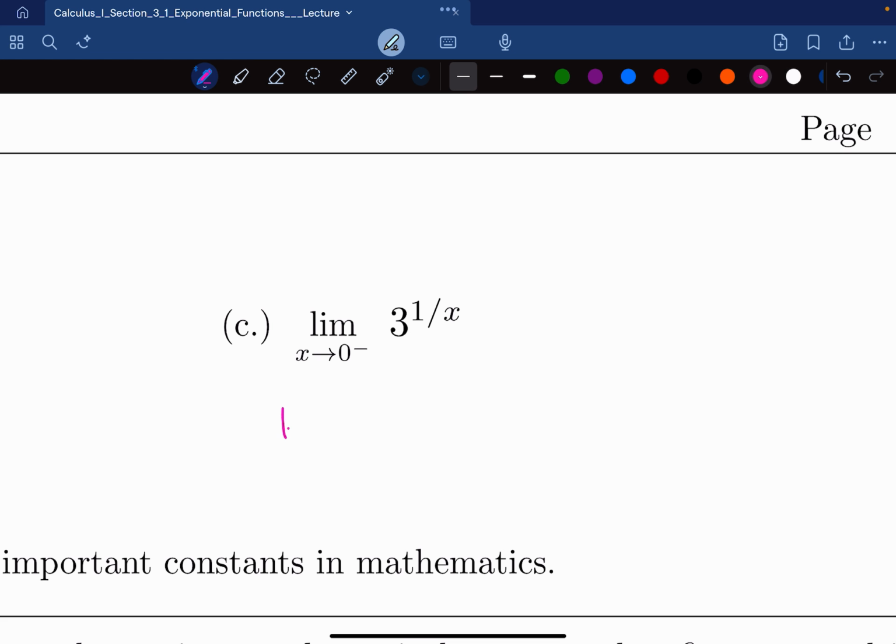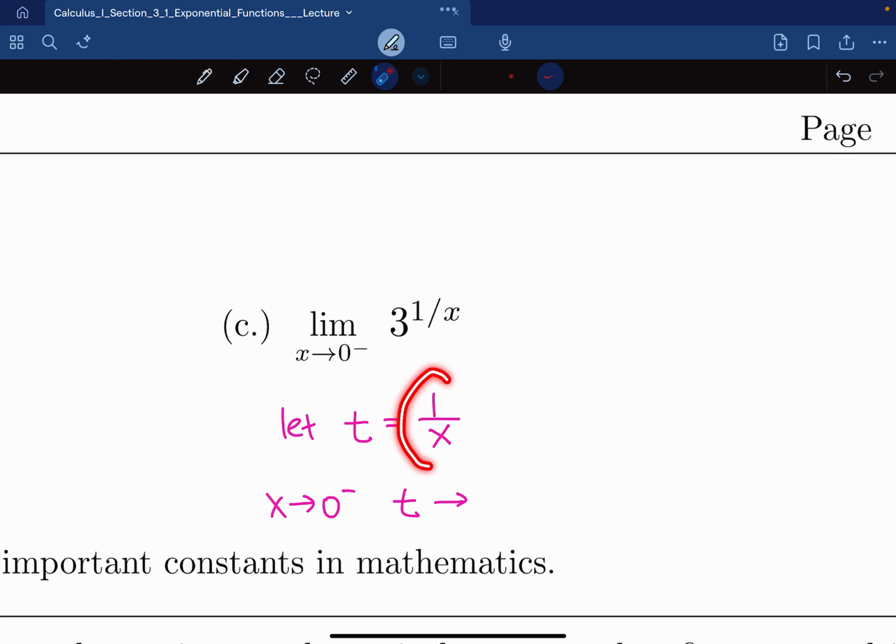So if we let, say, t equal 1/x, then what we notice is, as x approaches 0 from the left, t is approaching what? Well, the limit as x approaches 0 from the left of 1/x, we know that limit.